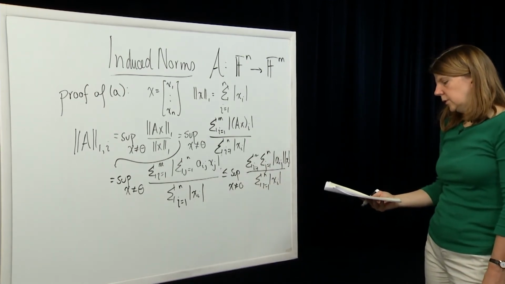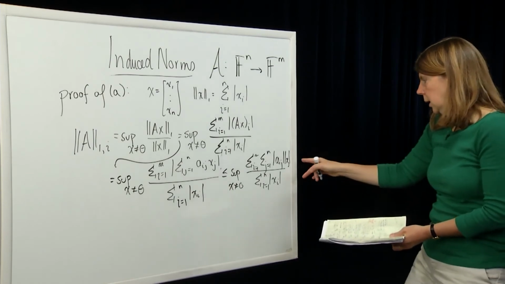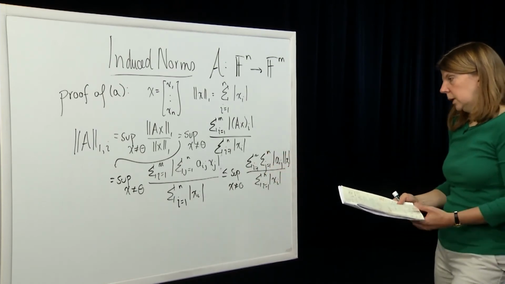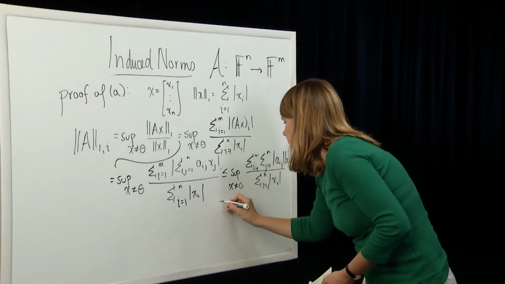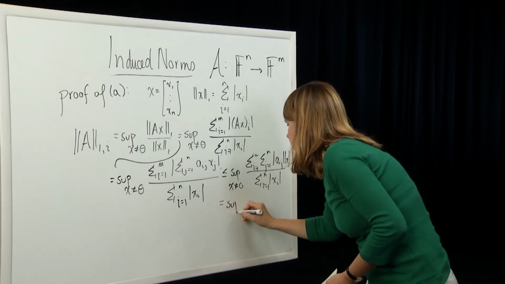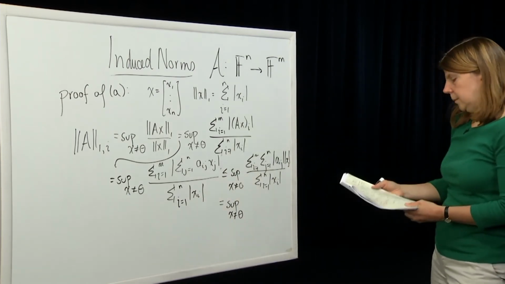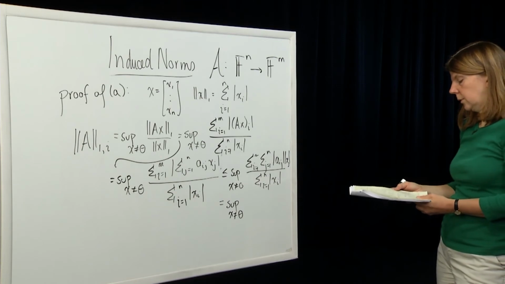And you can start to see where this is going. So I'd like to somehow bring this out and simplify. So I can rearrange those terms. That's equal to the supremum over x not equal to 0 of, I'm going to reorder things a little bit.